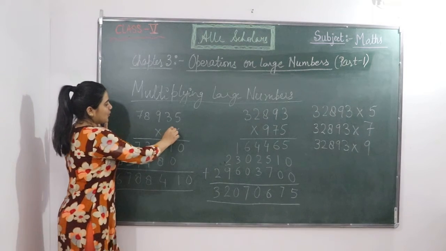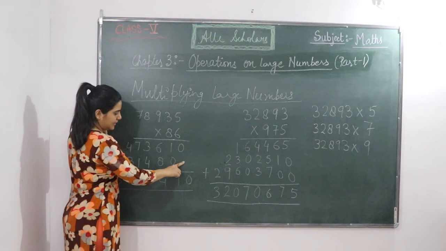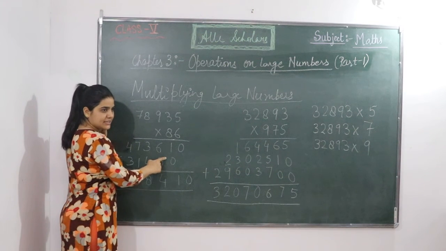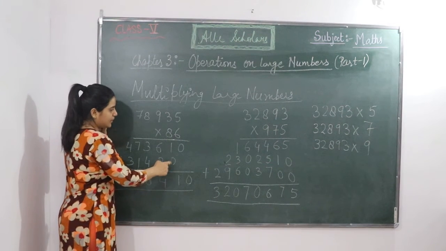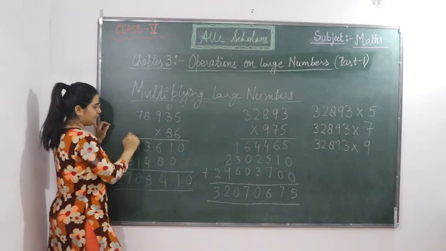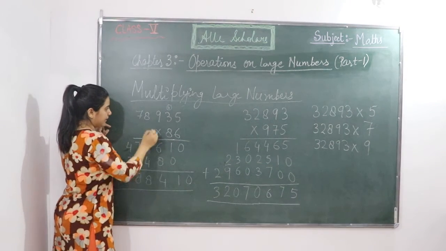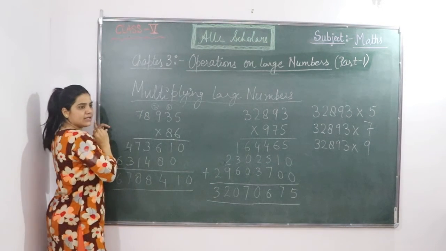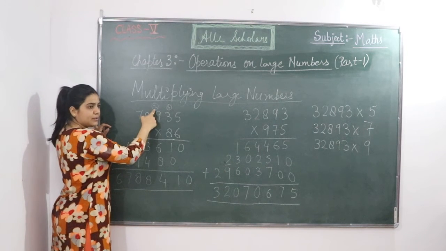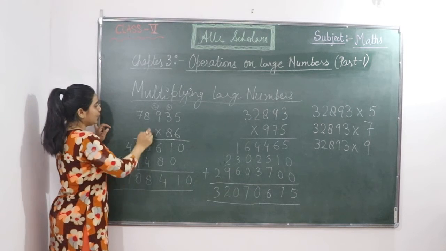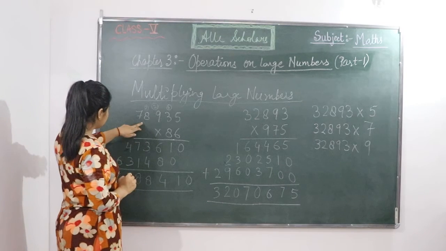We will leave this first place, and once we leave the ones place, we will start writing from the tens place. So we write the 0 here, the 4 goes as a carry. 8 3s are 24 plus 4, 28. 8 comes here, 2 goes as a carry. 8 9s are 72 plus 2, 74. 4 here and 7 goes as a carry.